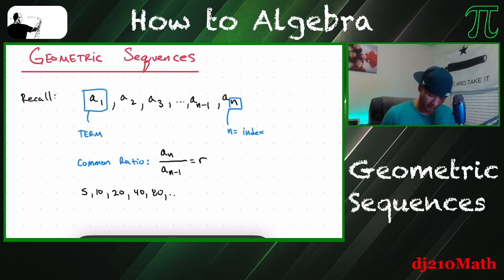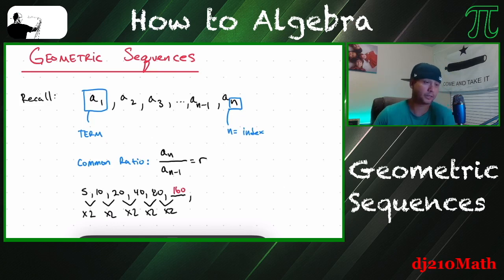And if we follow this pattern, what would the next term be? Right away, we notice that to get from one term to the next, we multiply by 2. Times 2. 10 times 2 would be 20. 20 times 2 would be 40. Times 2 would be 80. 80 times 2 will give us 160. So 160 would be the next term.